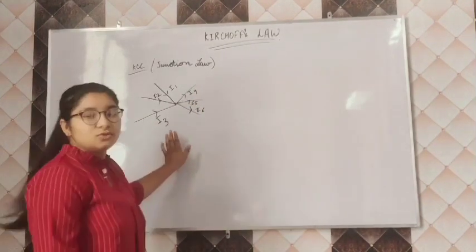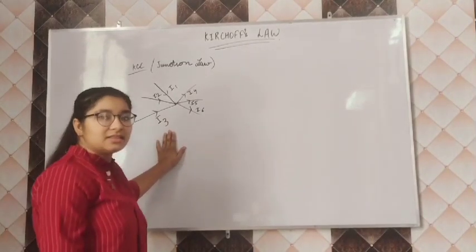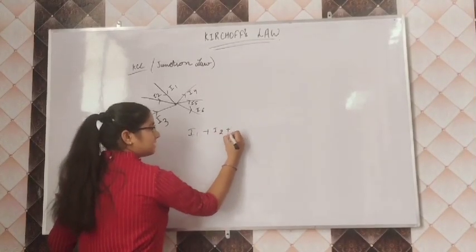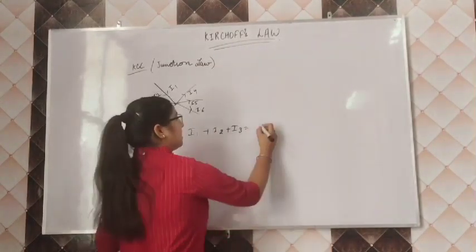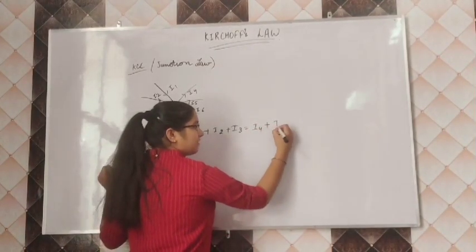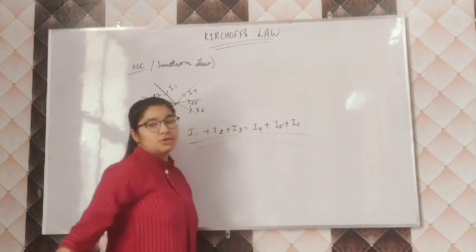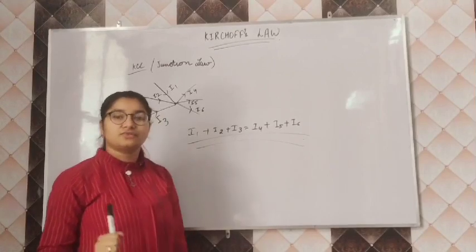So according to junction law or KCL, the sum of the current entering the junction, that is I1 plus I2 plus I3, will be equal to the current leaving the junction, that is I4 plus I5 plus I6. So this is based on the principle of conservation of charges.